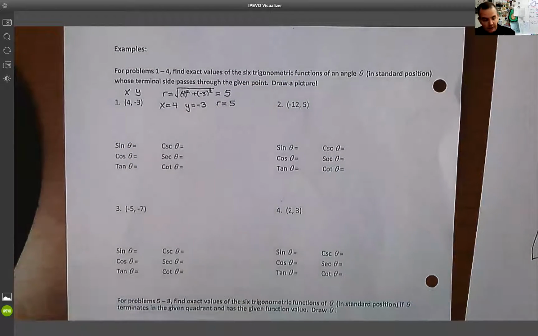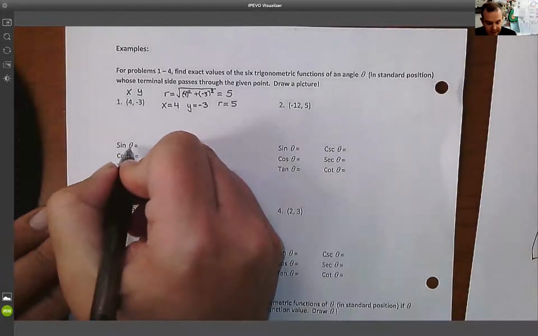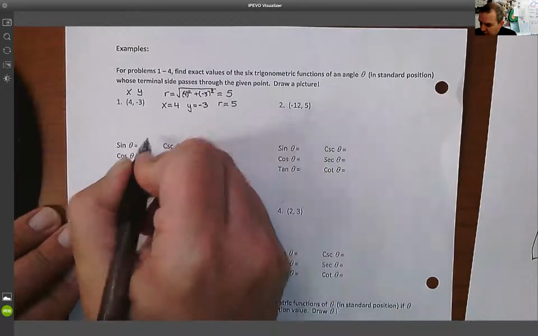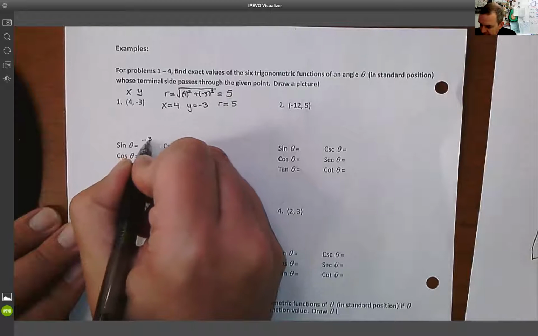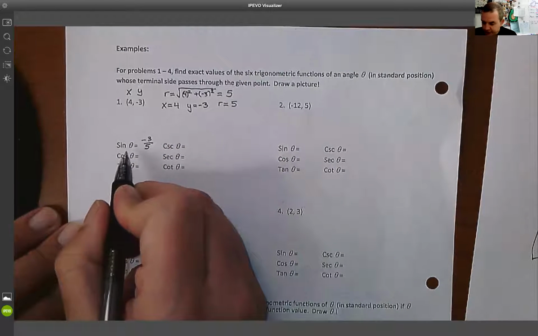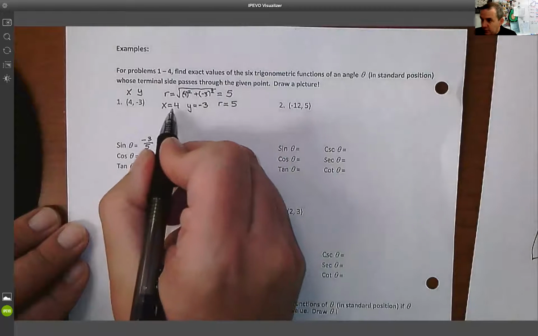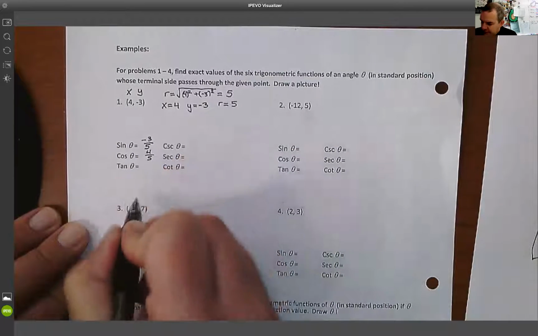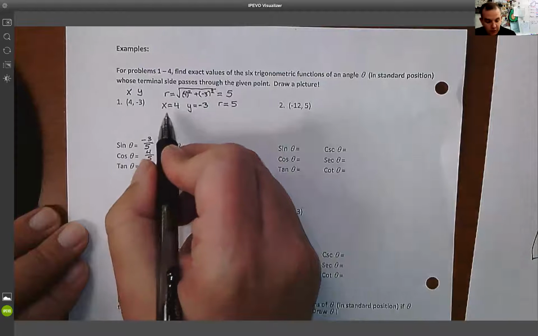So now, if I wanted to define the trig ratios, sine of theta is y over r. So it's going to be -3 over 5. Cosine is going to be x over r, 4 over 5. Tangent is going to be opposite over adjacent.